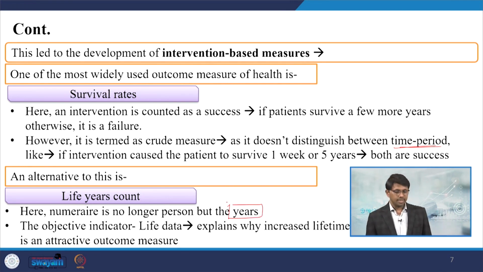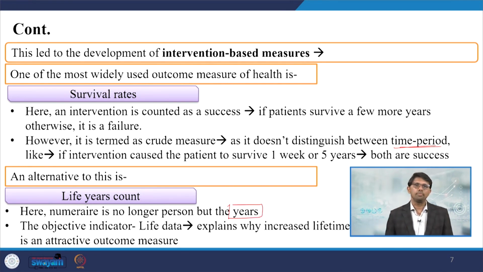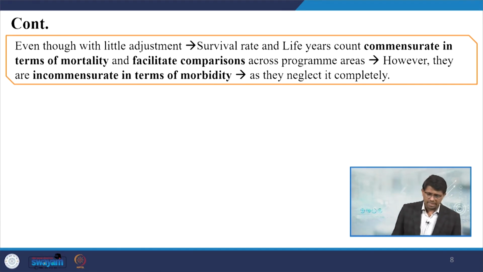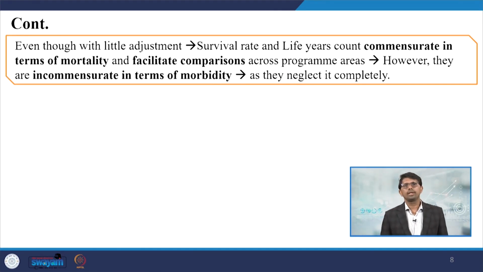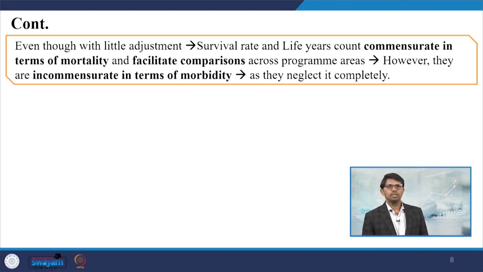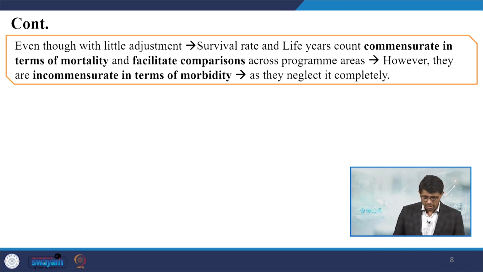The objective indicator is live data, and this explains why increased lifetime is an attractive outcome measure. Even with little adjustment, survival rate and life years count are commensurate in terms of mortality and facilitate comparisons across program areas. However, they are incommensurate in terms of morbidity, which is neglected completely.